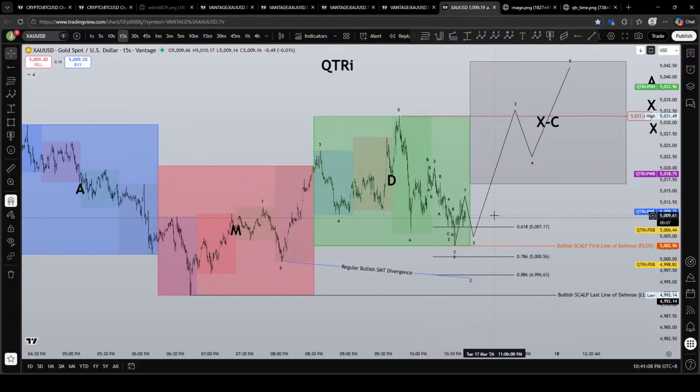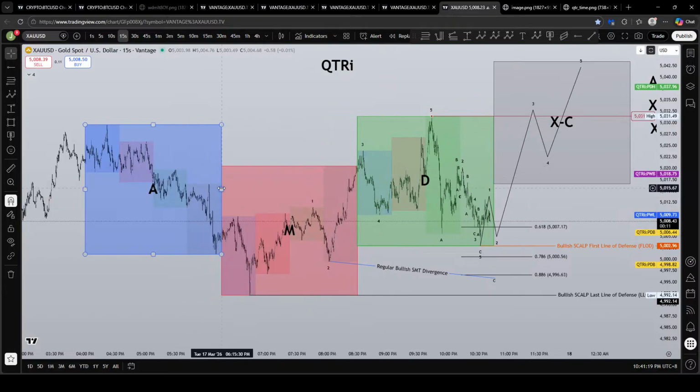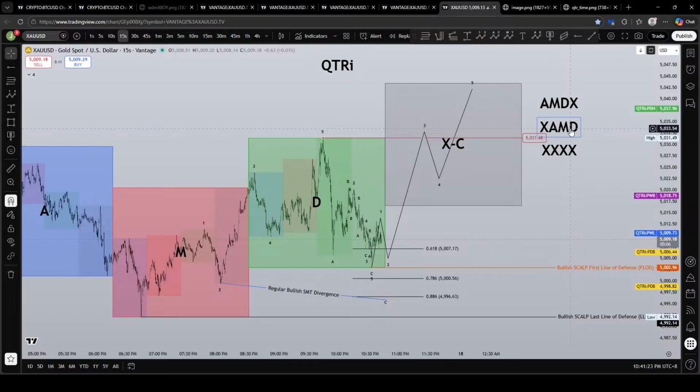But it will not be okay if ever after the quarter 3 it creates another low. Then there's a possibility that the structure will no longer be an AMDXC. Instead, I will change it from AMDXC into XAMD.